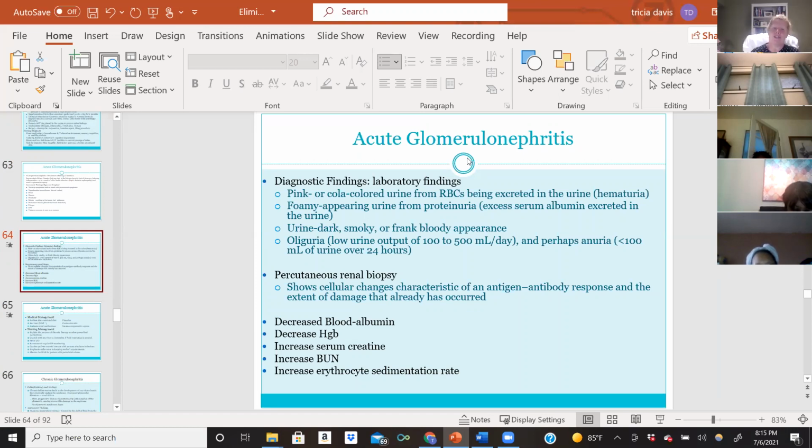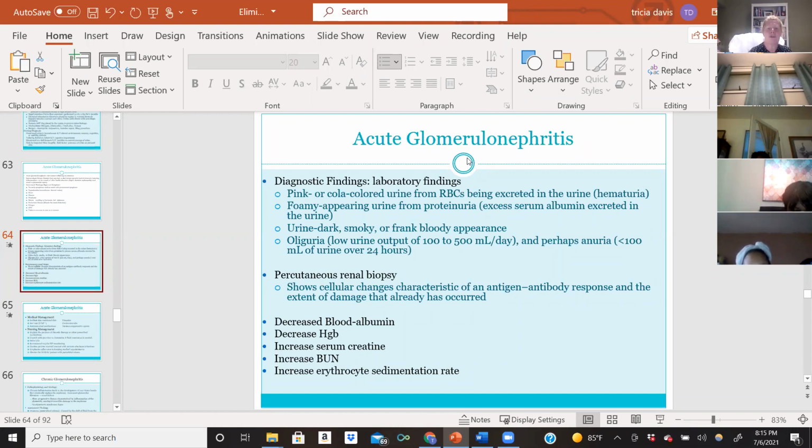It may be dark, smoky, or have frank blood in it. These patients may suffer from oliguria or anuria. So remember, oliguria is low output, 1 to 500 mLs a day. Anuria is less than 100 mLs of urine over 24 hours.